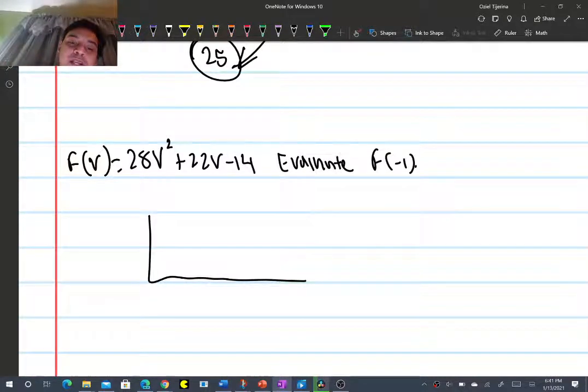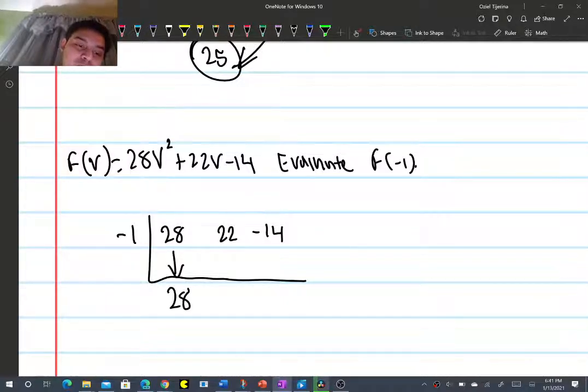You put negative 1 right here, and you put your terms, 28, 22, and negative 14. You have 28, you bring it down. Negative 1 times 28 is negative 28. 22 minus 28 is negative 6. Negative 1 times negative 6 is 6.